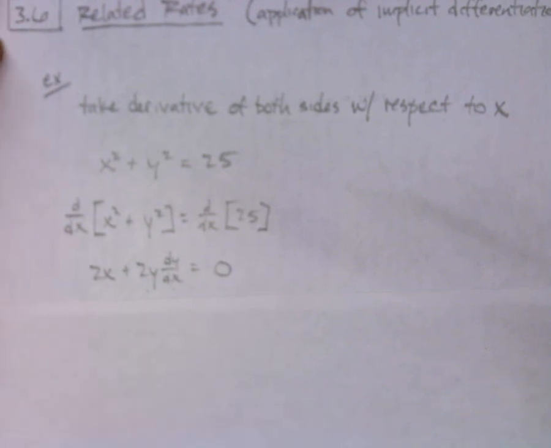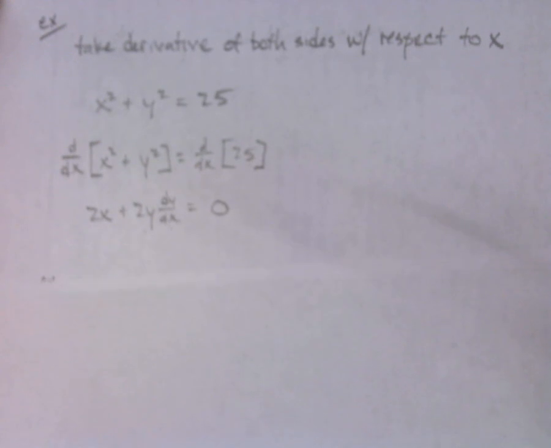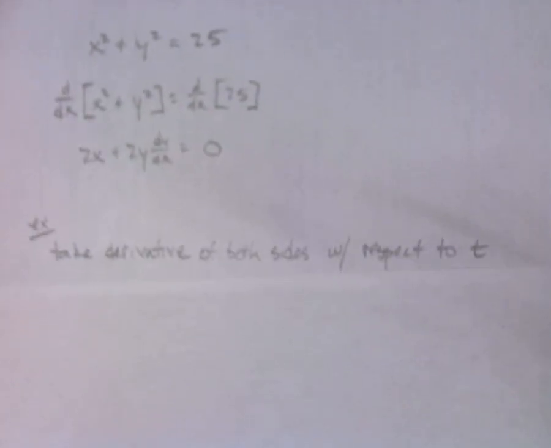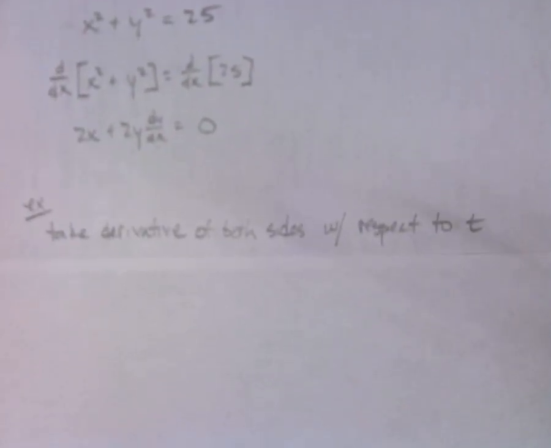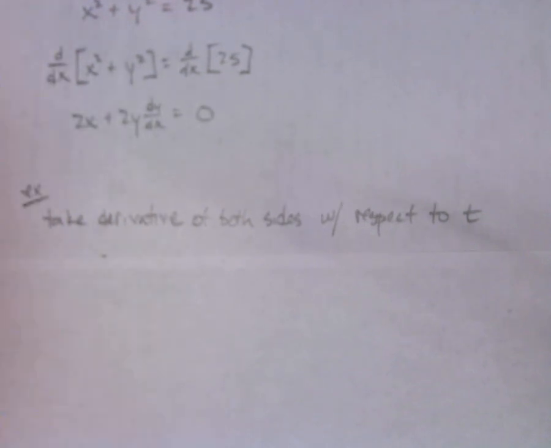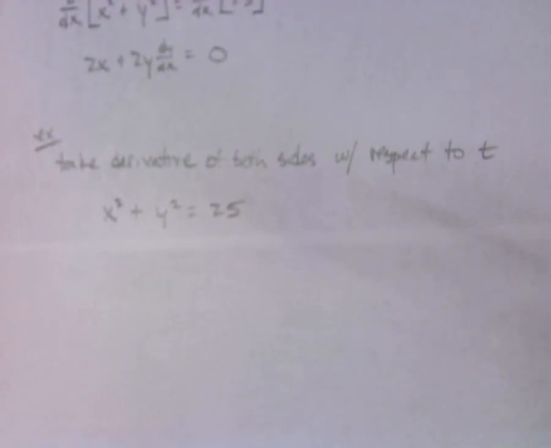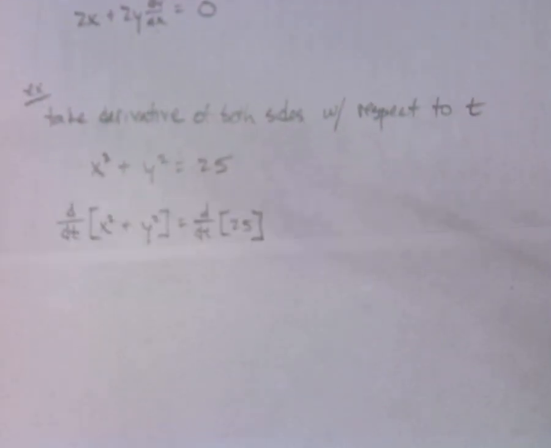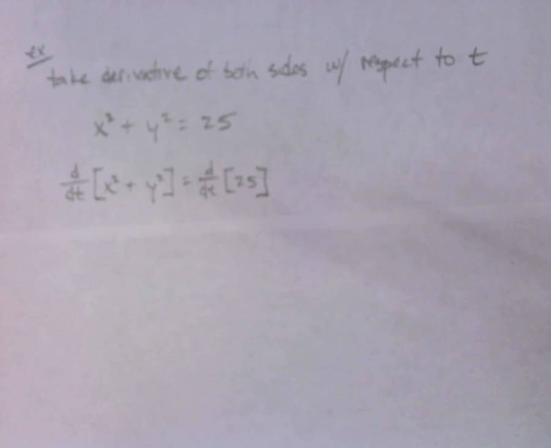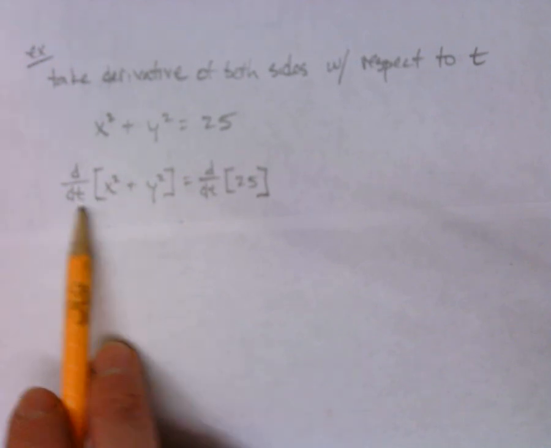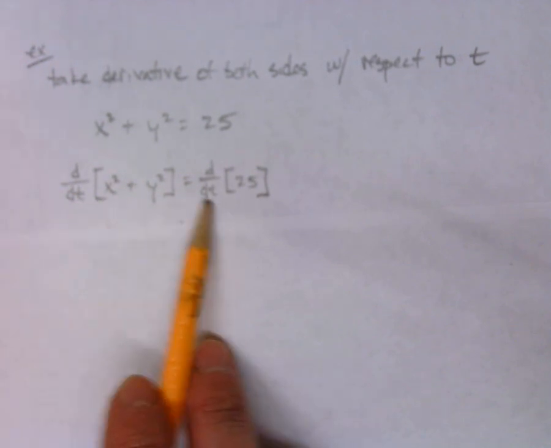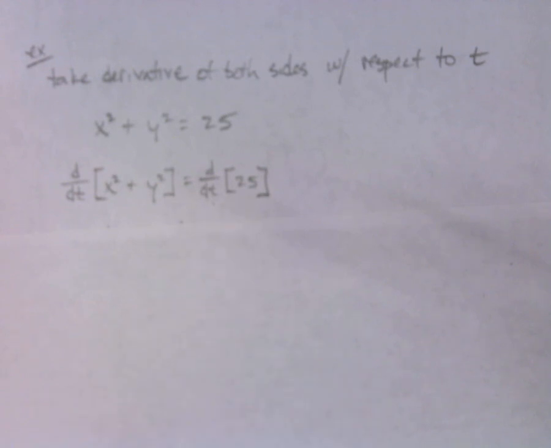Okay, so we're going to take it up a level. Now the question is, still working to introduce this idea of related rates. Take the derivative of both sides with respect to t, not with respect to x. So maybe the first thing I'd write, if it's with respect to t, is d over dt for the left and the right.